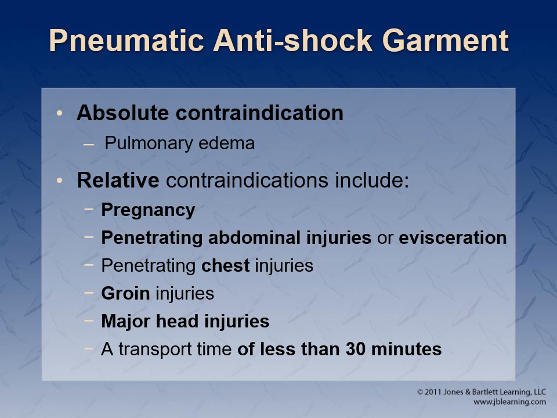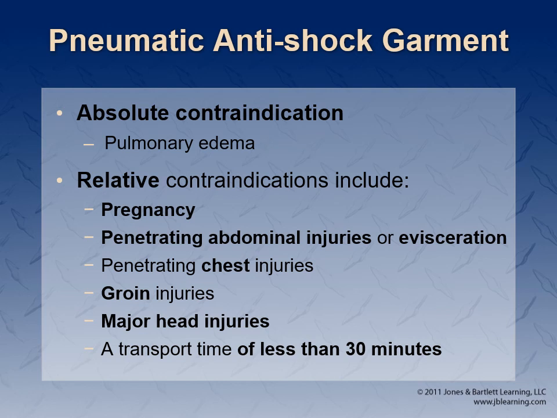If they're going to ask you a question about MAST pants, it's more than likely going to be a critical thinking kind of question. So do you understand, like, MAST pants would be terrible. You would never put them on somebody with cardiogenic shock, because you're just increasing afterload, increasing systemic vascular resistance, and that's absolutely what you don't want to do for somebody who has left-sided heart failure.